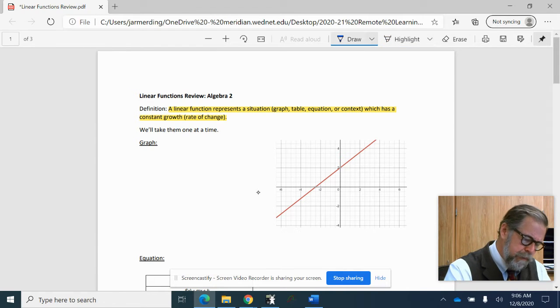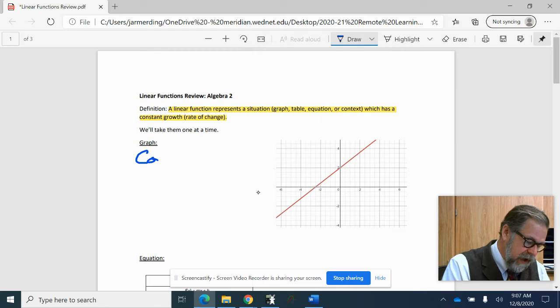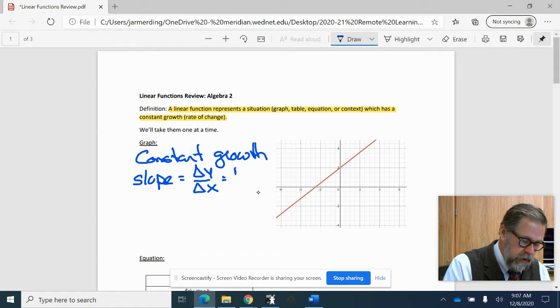So one at a time, let's start with graph. What we're looking at here is, if we're going to have a constant growth, another way to think of that is that this is a constant slope. And the way we find slope on a graph is change in y over change in x, also rise over run.